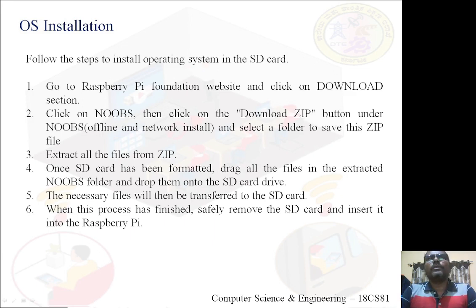Here you can either download Raspbian or you can download NOOBS. Let us see installing through NOOBS. So what is NOOBS? Full form is New Out Of Box Software.